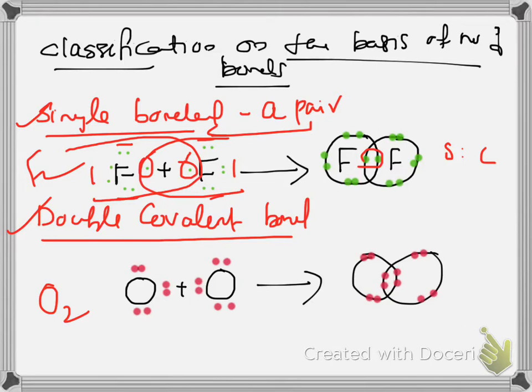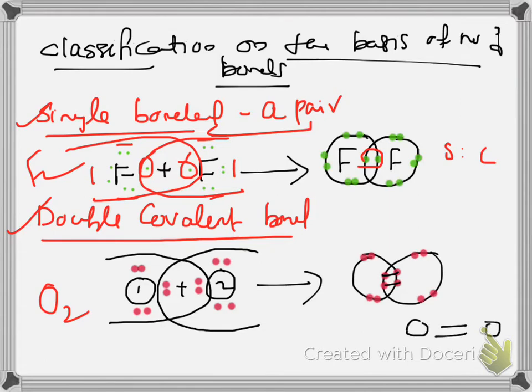So to attain the octet configuration, the first oxygen accepts 2 electrons from the second, and the second oxygen shares electrons with the first, if you number them O1 and O2. So sharing takes place between 2 pairs. It is a pair, it is another pair. That is a double bond, O double bond O. Even after the bonding, there are lone pairs: 2 here, 2 here, 2 here and 2 here.